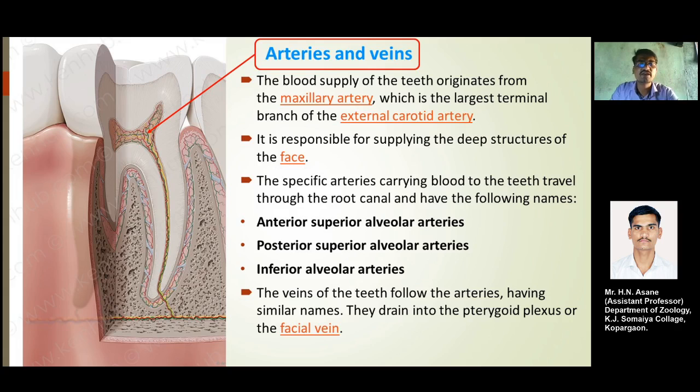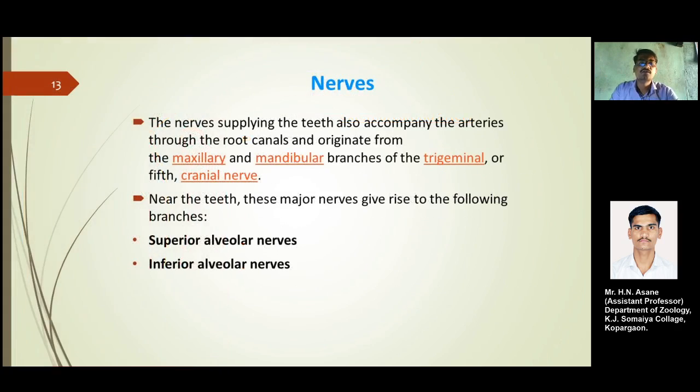Okay, so as you can see, the highlighted arrows show the arteries and veins network, which are occupied by the pulp cavity as well as the root canal and have their way into the gingiva.